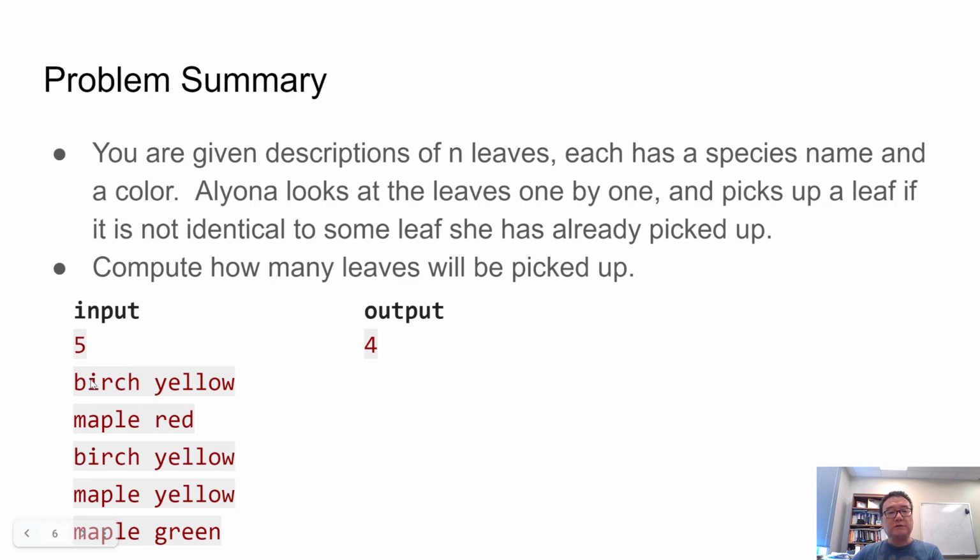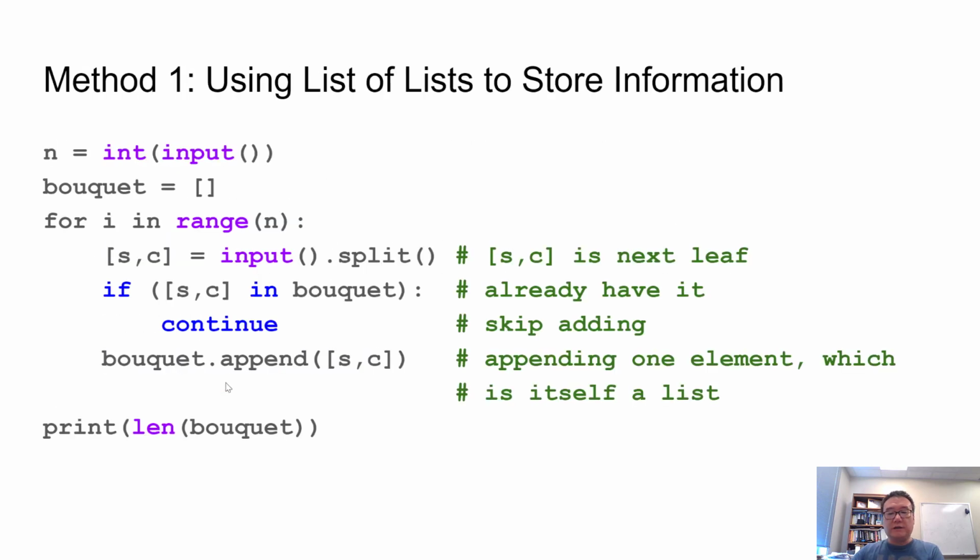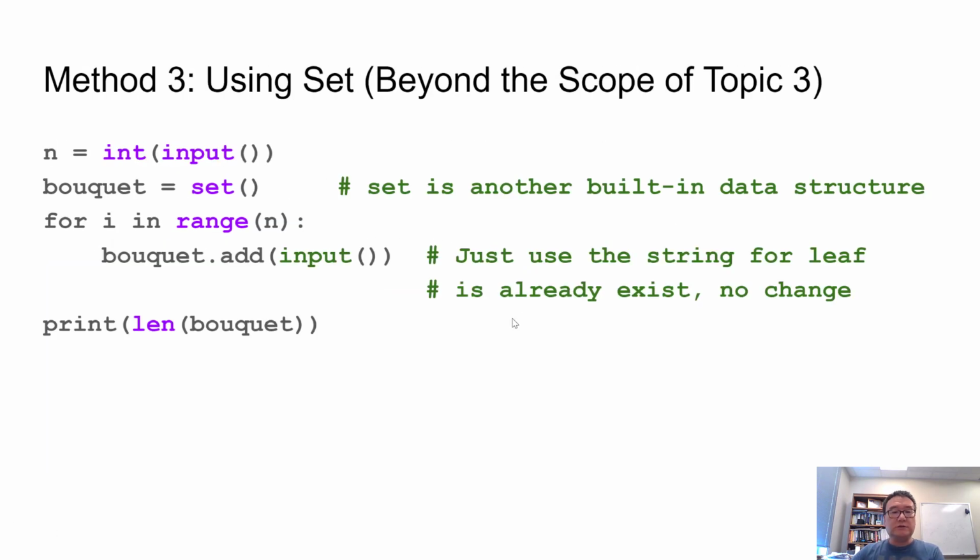So we actually don't need to parse this into saying that this is a birch leaf of yellow color. We can just say this string describes the leaf, and the two leaves are identical if and only if their string representations are the same. So we don't need to use a split. We can directly use whatever string is read in, and this will be fine.